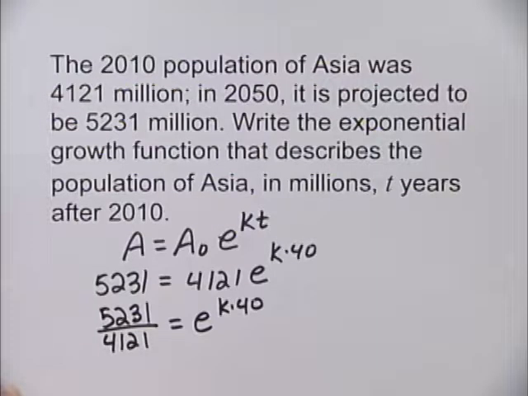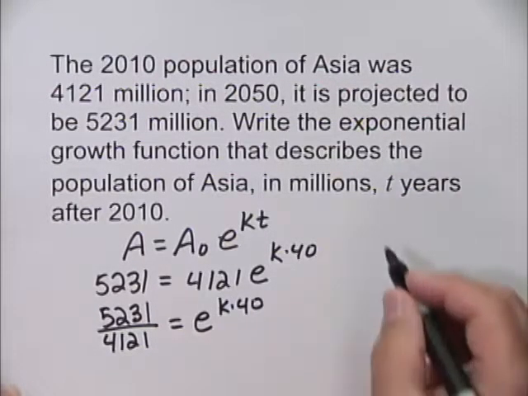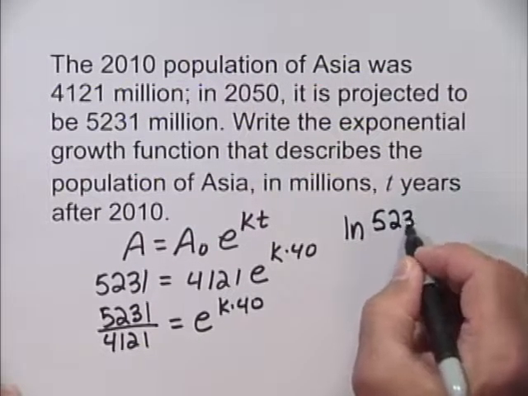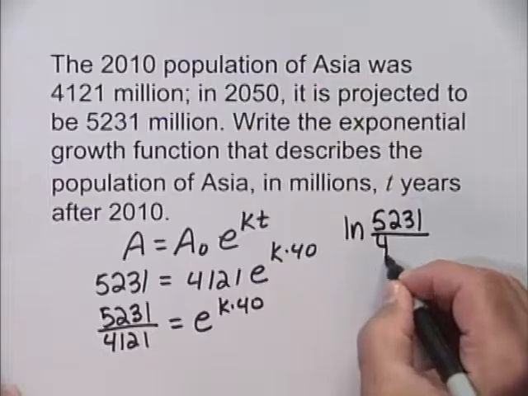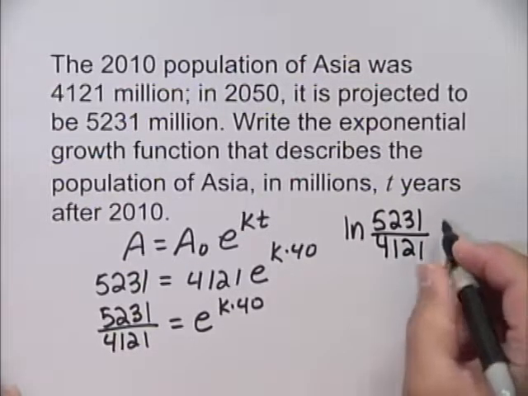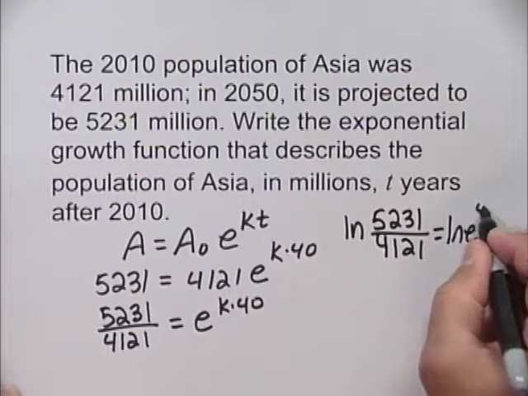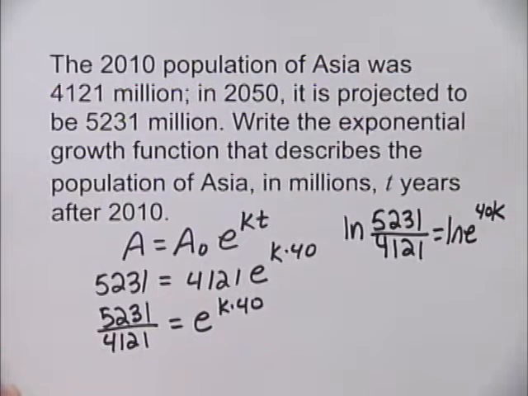Now I'm going to take the natural log of each side because k is in the power and we want to be able to solve for k. So this would be the natural log of 5,231 divided by 4,121 is equal to the natural log of e, and I'm going to write it as 40k.